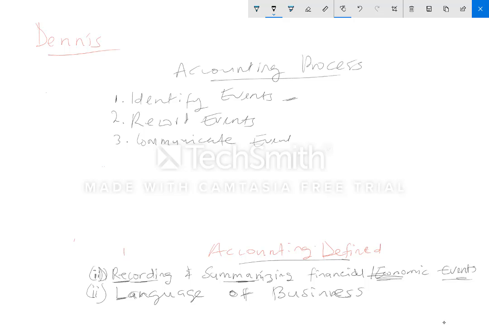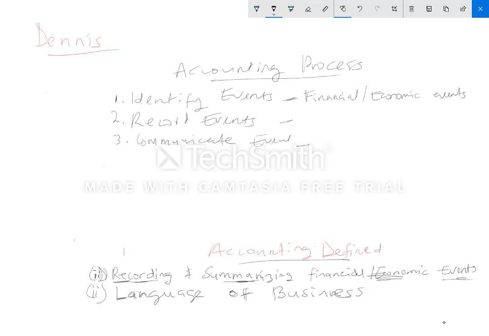So let's take this one by one. What I mean by identify event is you identify the financial and economic events.